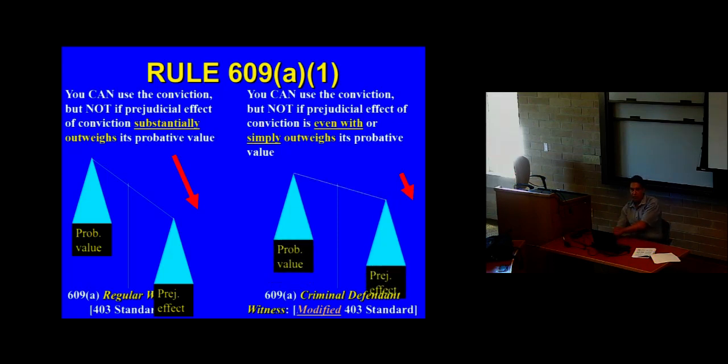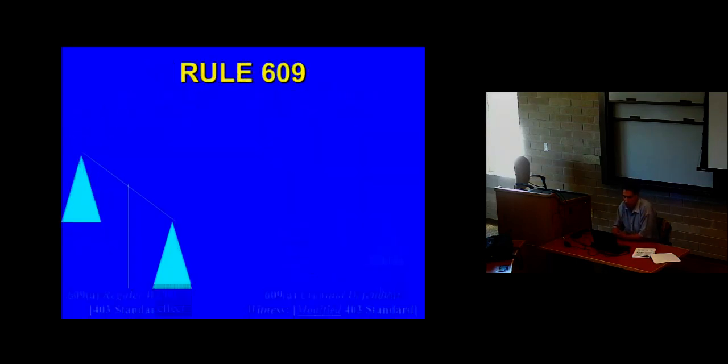So, given these two different standards, it's clear that a lot more former convictions are going to be held inadmissible when the witness is a criminal defendant witness and we're applying that modified 403 standard, rather than when it is a non-criminal defendant witness and we're applying the regular 403 standard.